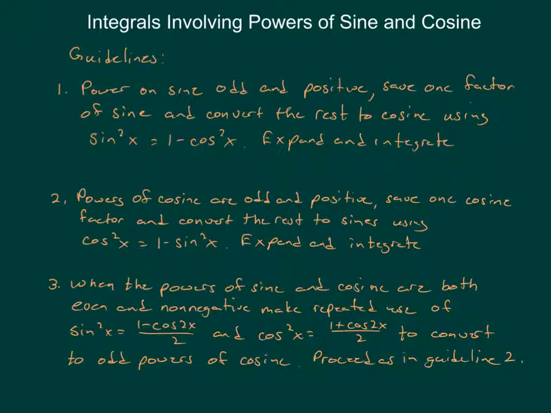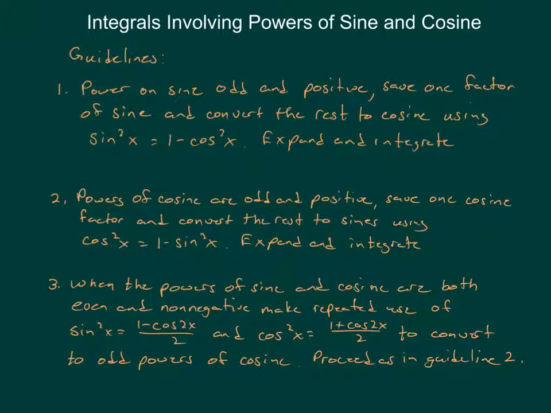Now, when working with integrals involving powers of sine and cosine, you have three guidelines. The first guideline is for when the power on sine is odd and positive. When that happens, you save one factor of sine and convert the rest to cosines using the fact that sine squared x is equal to 1 minus cosine squared x.